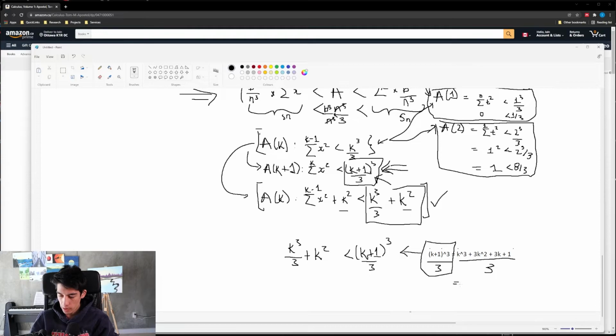But on the right hand side, we get k cubed over 3 plus k squared plus k plus 1/3. And we know that this amount right here is bigger, due to these terms, than this amount here.